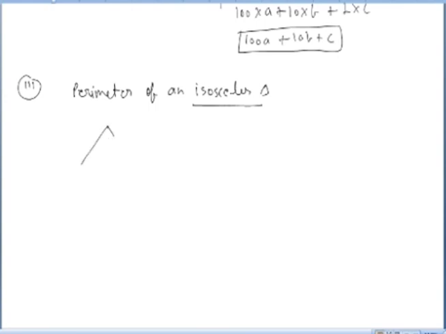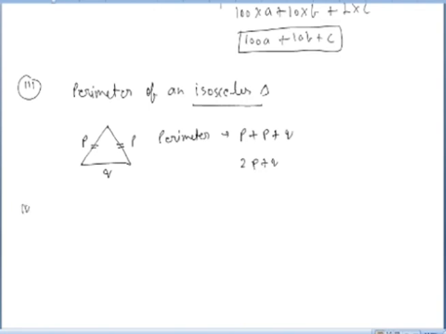Suppose this is a triangle where these two sides are equal. So this is an isosceles triangle, and it is given that the equal length is P and the unequal length is Q. So the perimeter we know is the sum of these sides. So add these sides, P plus P plus Q. This is 2P plus Q. So this will be the perimeter.